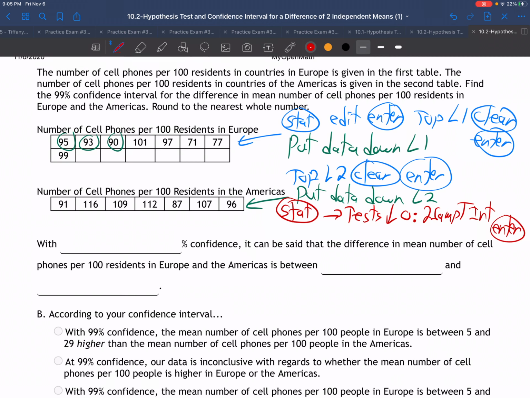Now we highlight data, because we have data on this one, and hit enter on the data.